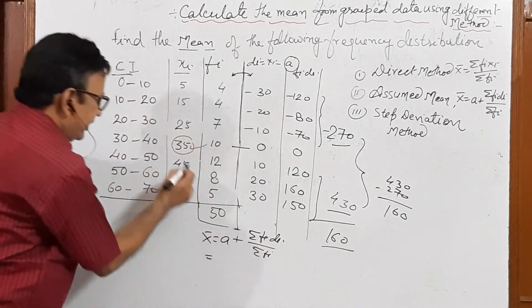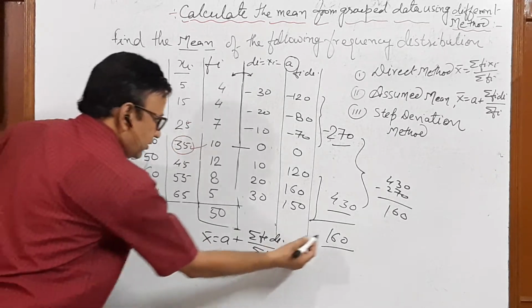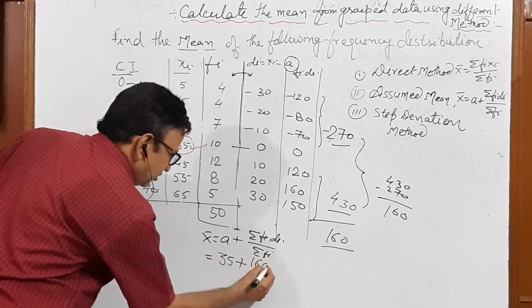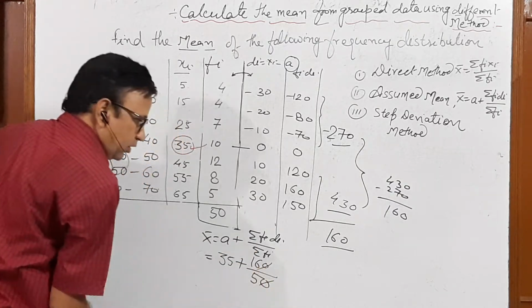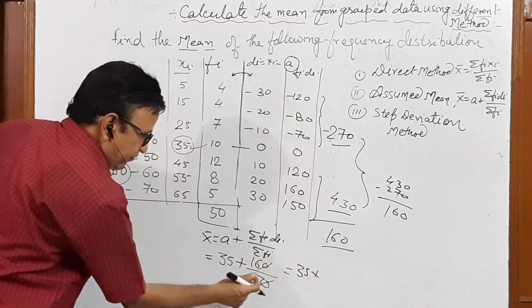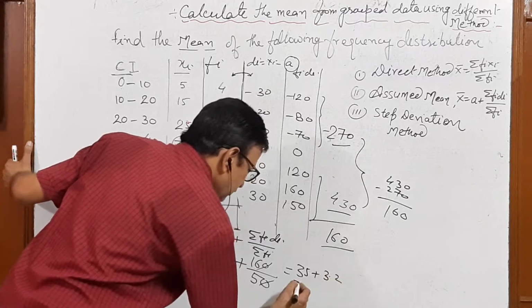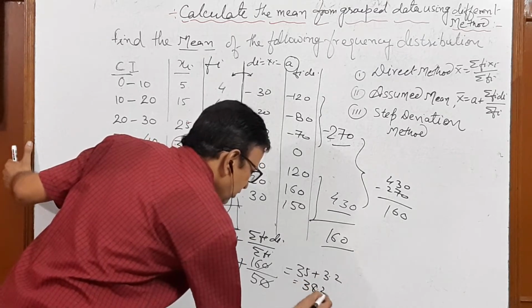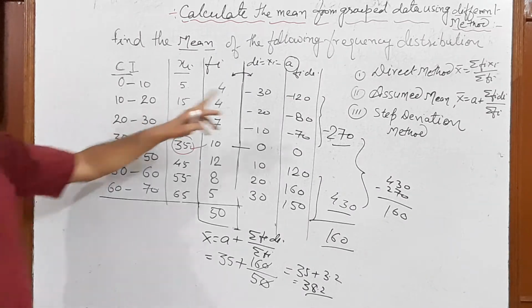Okay, A is 35 plus 160 upon 50. Zero has gone. When you divide 16 by 5, you will get 3.2. So the answer is 38.2. We get the same answer as we got by that method.